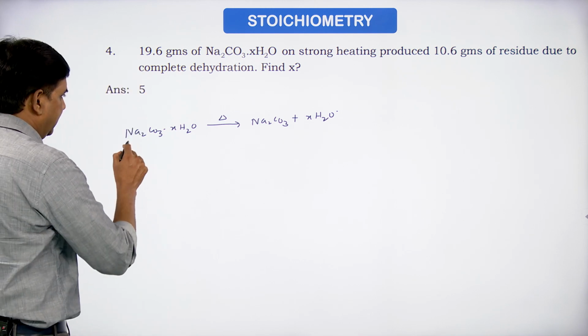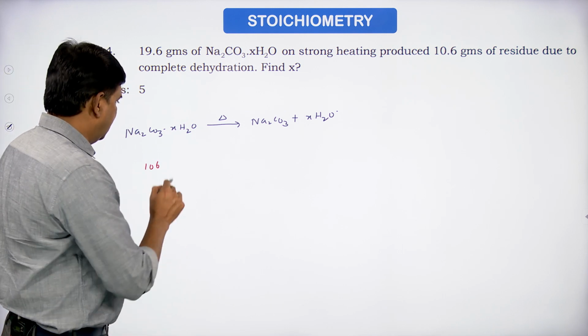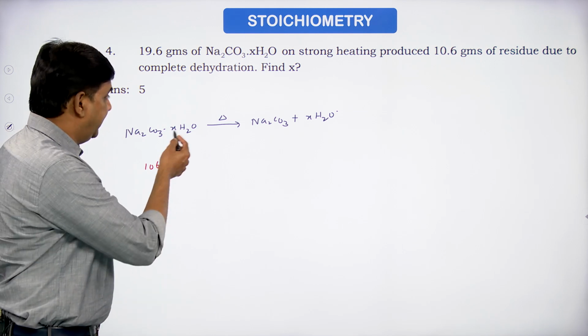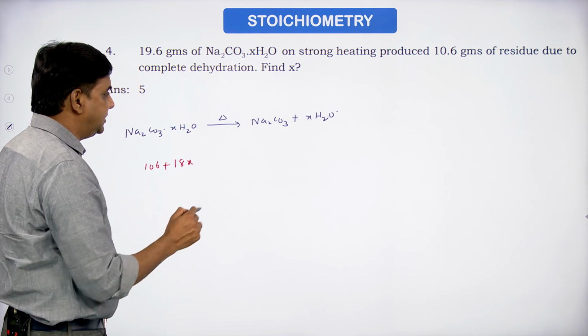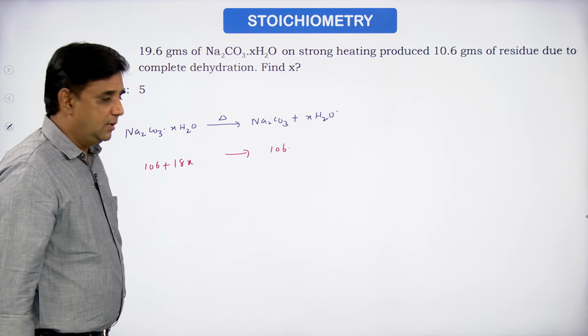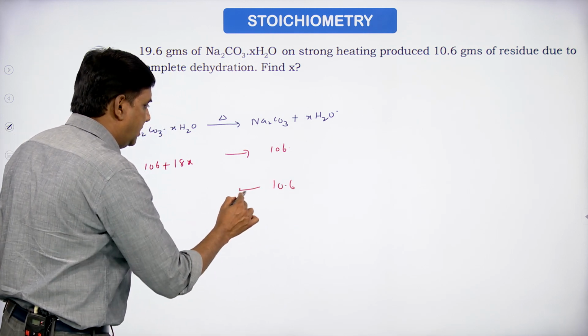I am writing here. The Na2CO3 molecular weight is 106 plus each water molecule mass is 18 grams. X moles means X into 18, that is 18X. 18X is giving 106 grams. And therefore 10.6 grams is given by how much?